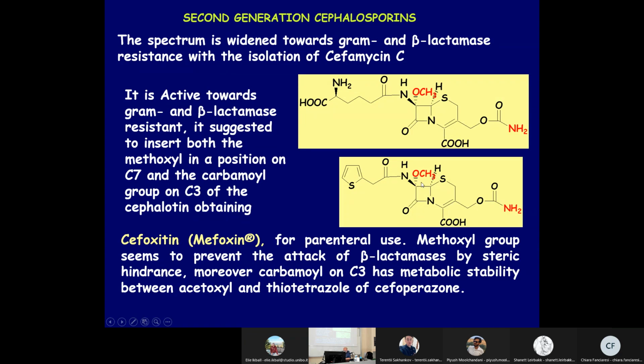And so you can see the methoxy group in alpha position and the amino group instead of the methyl group. So these two groups were introduced on the backbone of the first generation cephalosporins.